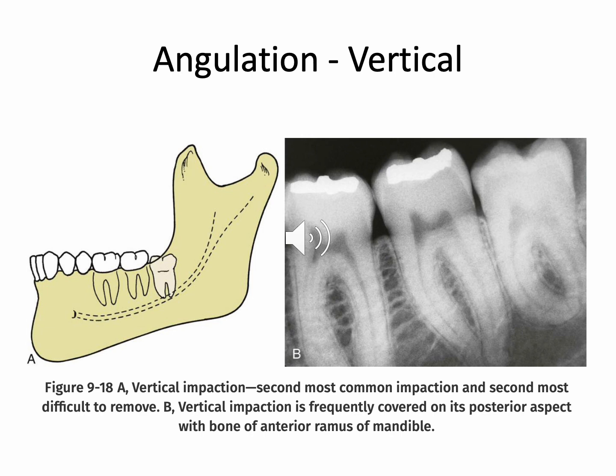This is the vertical orientation of an impacted third molar, and tends to be a little trickier than you anticipate to get out compared to the mesioangular and the horizontal, which are relatively straightforward.